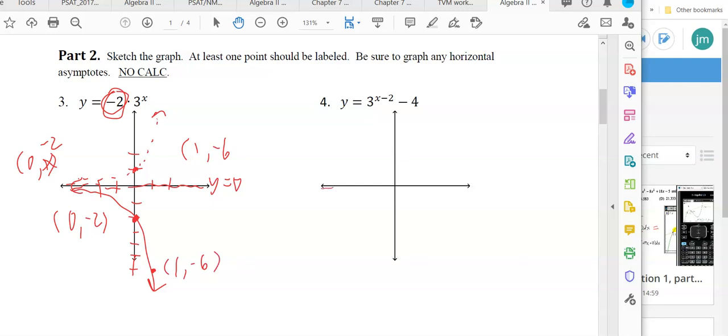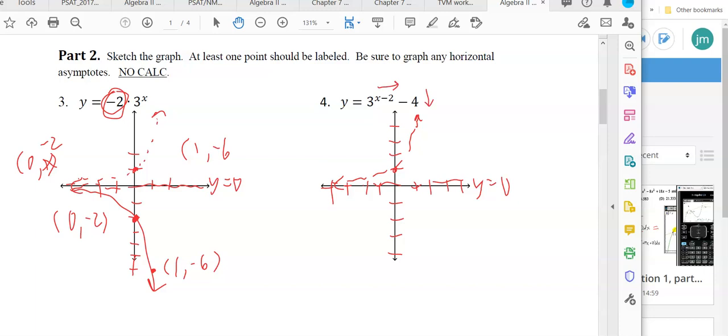And this one, again, start with the parent graph, y equals 0. So it's got a lot of movement to this one, right? Normally the parent graph goes through 0, 1, looks like that. So it's going to move to the right 2 and down 4.